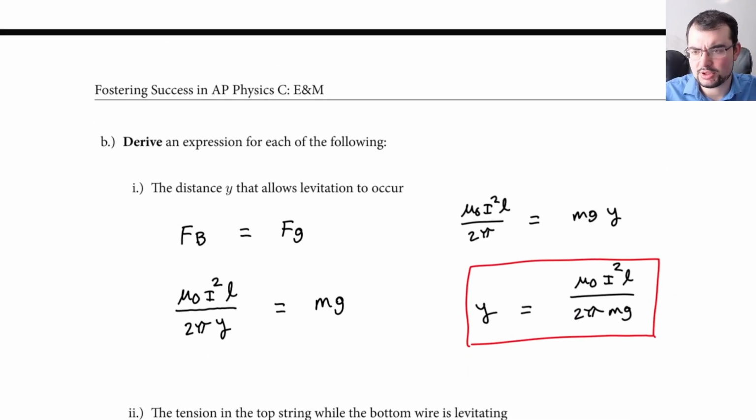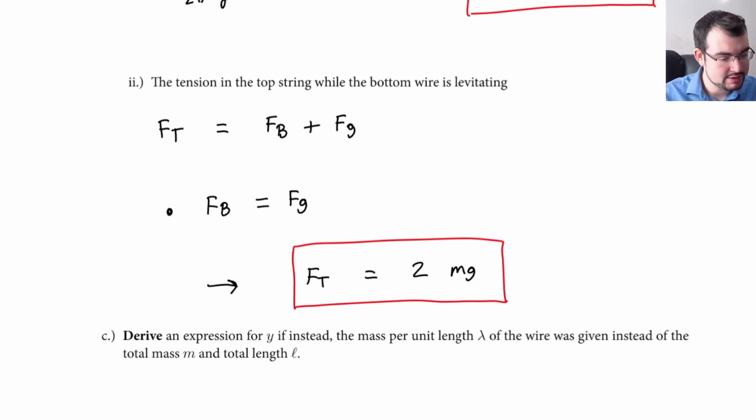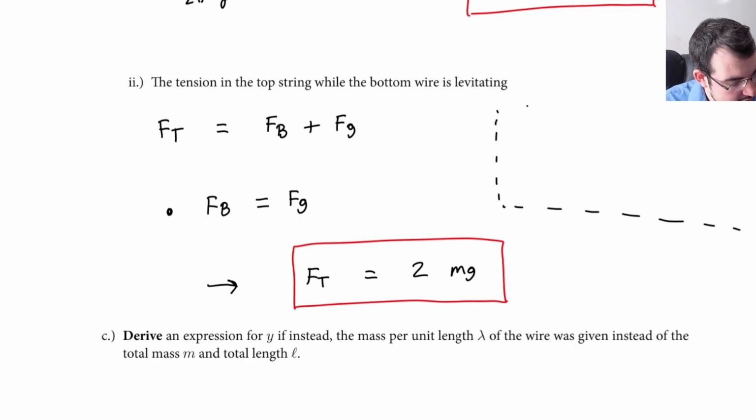So the tension force was really just pulling up with 2 weights worth. Now, I didn't explicitly say you couldn't use y. So if you put y in this expression, you could also have written something like the tension force equals mu naught I squared L over 2 pi y plus mg.